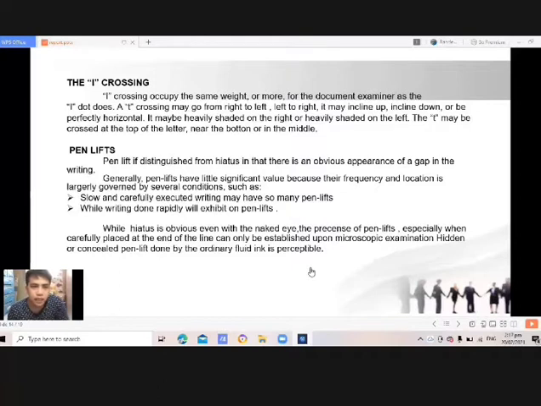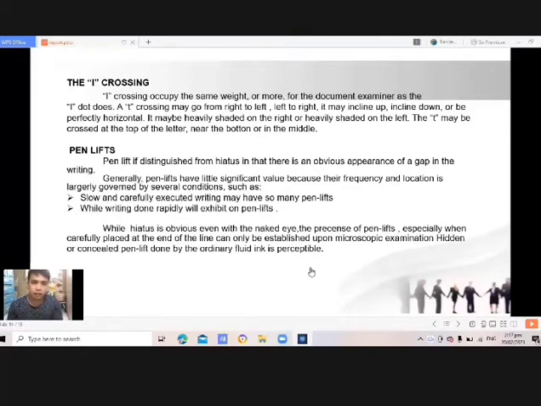Ang sample po yan, slow and carefully executed writing may have so many pen lifts. Sinasabi po dyan ay yung mabagal at maingat na pagsusulat ay maaaring magkaroon ng maraming pen lifts.